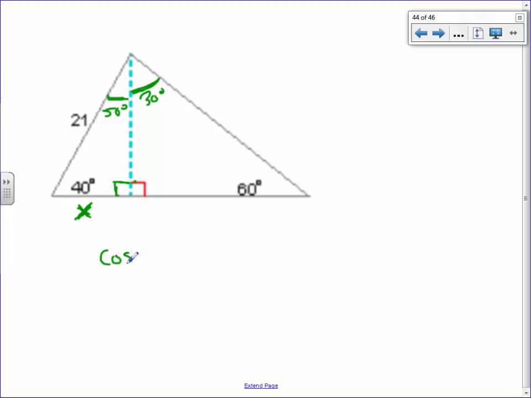So if I said cosine of theta is adjacent over hypotenuse, I could say cosine of 40 is x over 21. I don't have to do it this way, but this way works. Here's your adjacent to 40. Here's your hypotenuse. If I want to find what x is, I just times up the 21. I got 16.1.